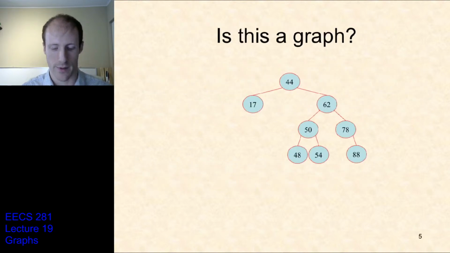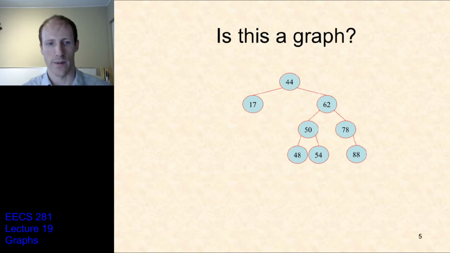So let's see some examples, right? We saw this tree, I think, from last lecture when we were doing balanced binary search trees. So this is definitely a tree. It's a search tree. It's not balanced. Can we also consider this a graph? And the answer is yes. Trees are graphs. Now, if we add in an extra edge, say from there to there, is this a graph?